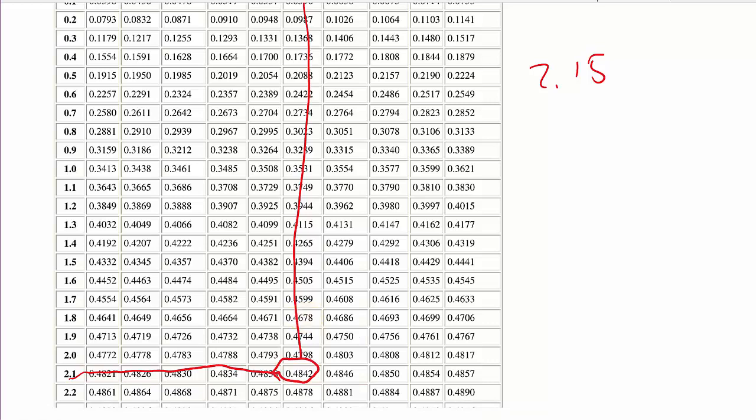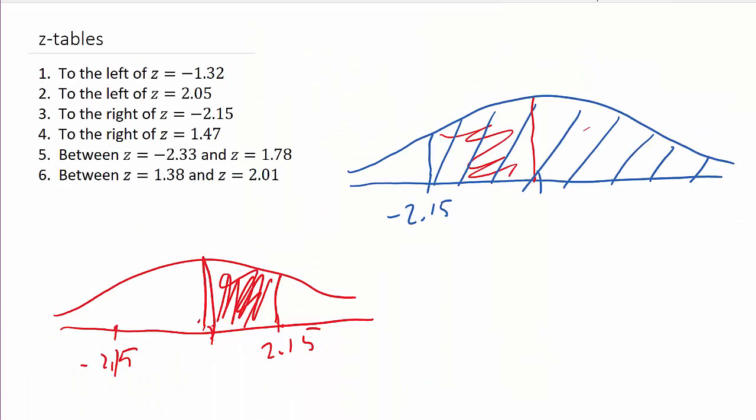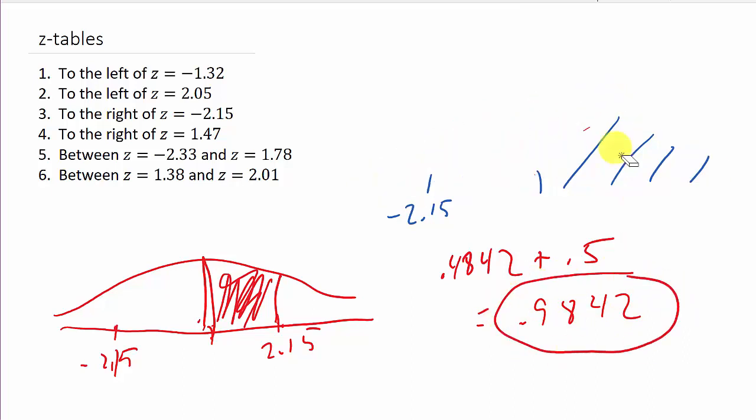So I've got this area, which is 0.4842, and then I've got to add the 0.5, so plus 0.5, and that's going to give me 0.9842, which is this right here. All right, two more.